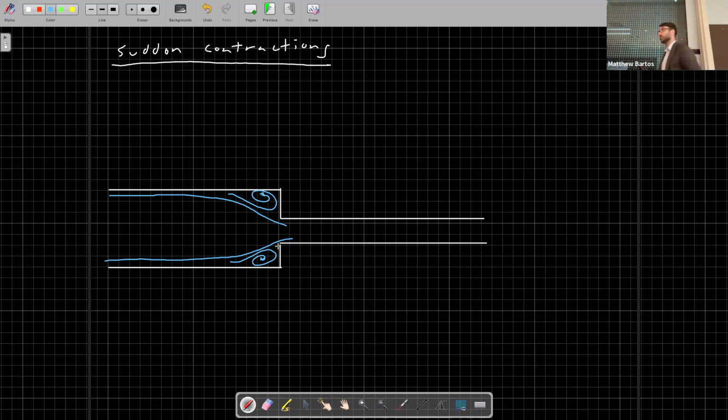So in general, all of these minor losses are due to turbulent action within the fluid. And then also as the streamlines move into the smaller pipe, they will start to separate from the wall in this zone here. And as they separate, they will also form some turbulent eddies that cause energy losses.